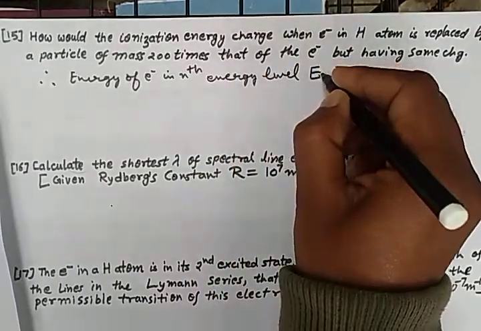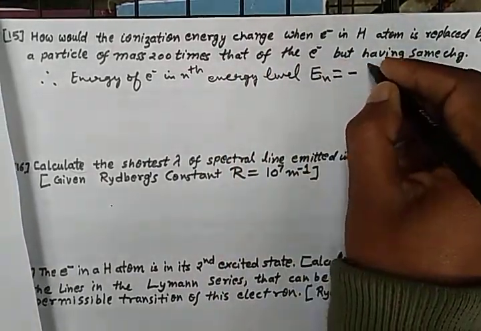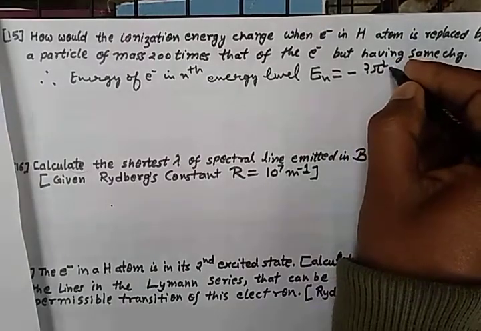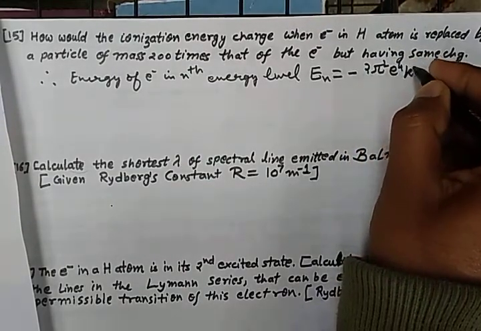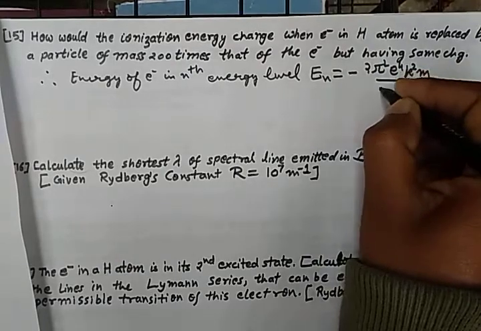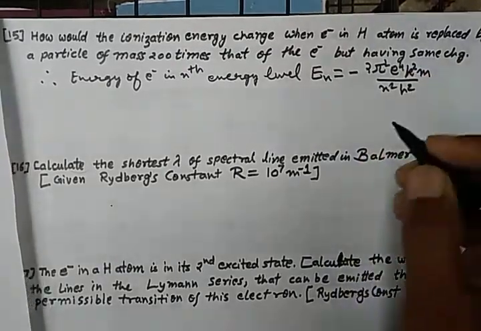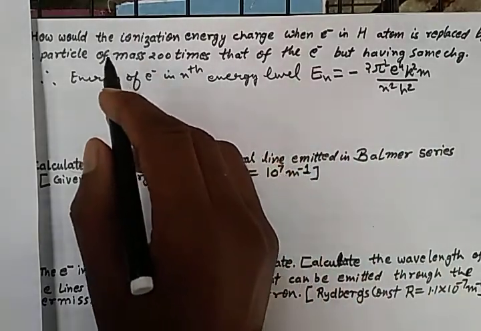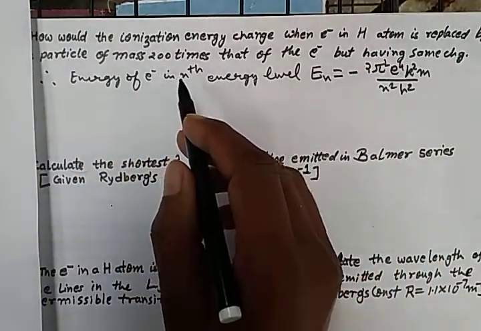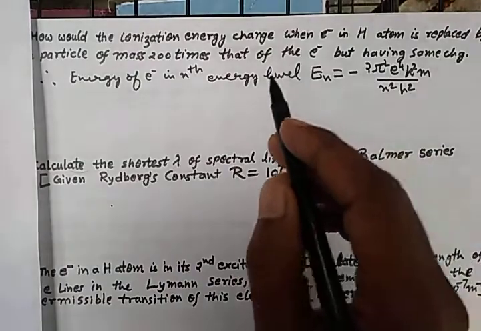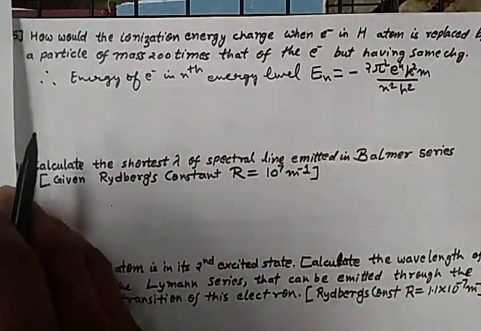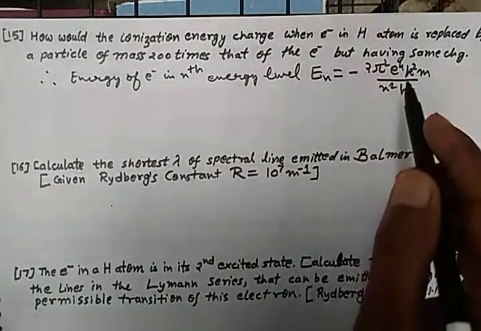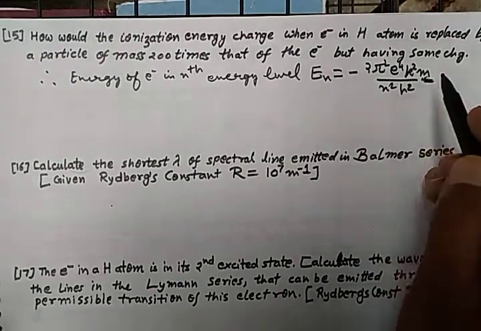En is equal to -2 pi square e to the power 4 k square m upon n square h square. Now the question is: the mass of the particle is 200 times that of the electron, and they are not talking about its charge, so the only variable is m.